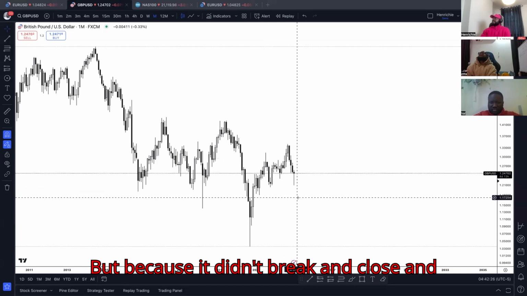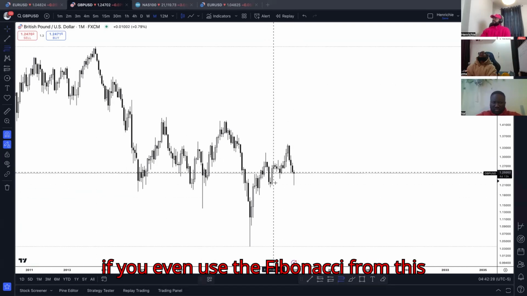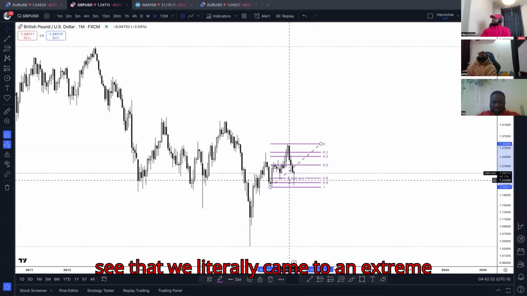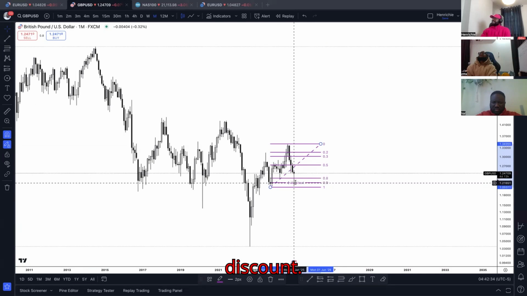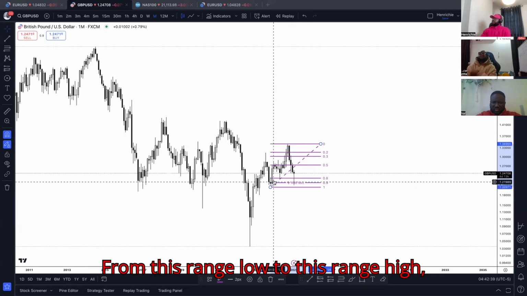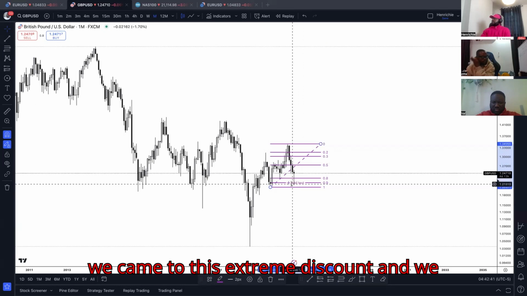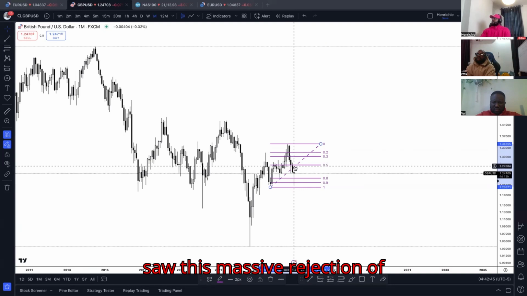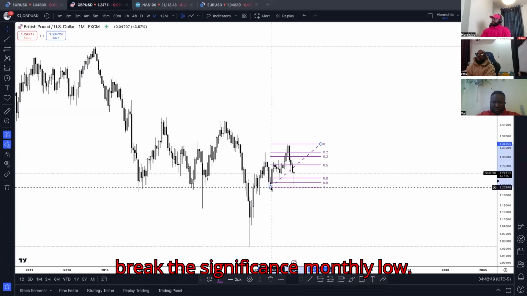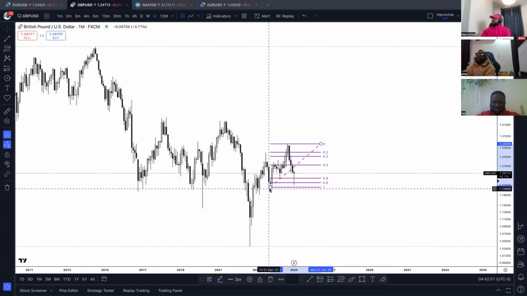But because it didn't break and close, and if you even use the Fibonacci from this low to this high, you can see that we literally came to an extreme discount. From this range low to this range high, we came to this extreme discount and we saw this massive rejection of that extreme discount zone, failing to break this significant monthly low.